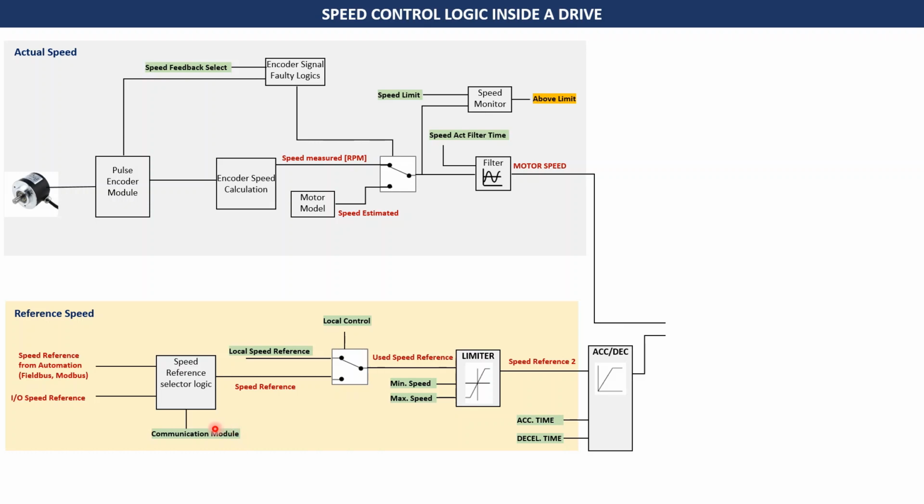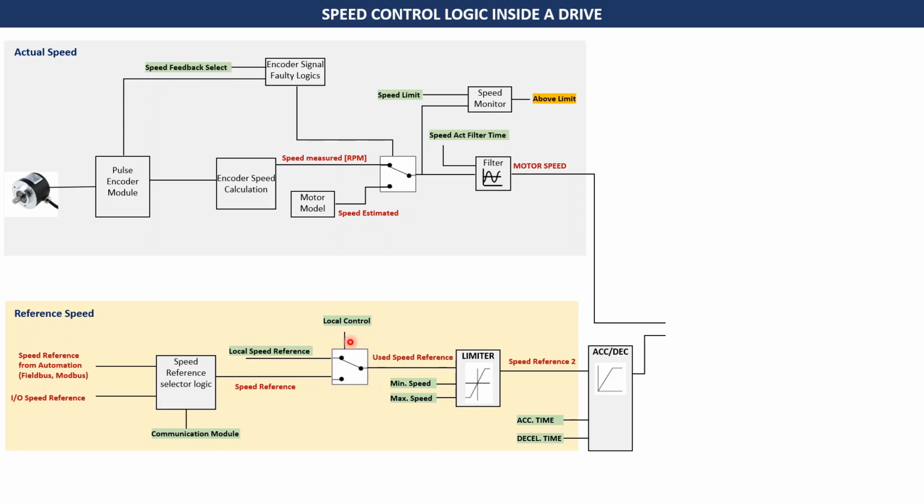Please note that whenever I say ABB drives, it's ABB ACS 800 series or 880 series drives. Now, based on the selection of the parameter that is set in the communication module, the speed reference gets selected and is passed forward. Now, this speed reference parameter that you see here, in case you want to check for an ABB drive what the speed reference is, you can always check parameter number 23.01.